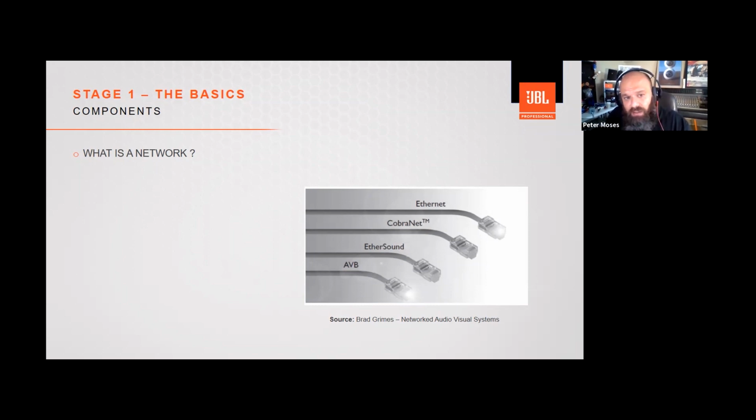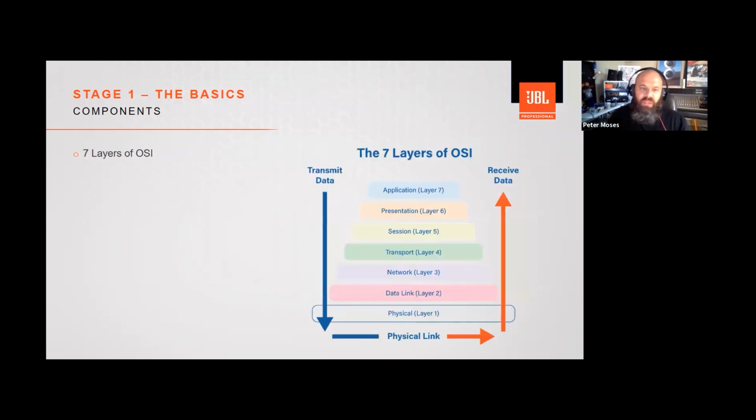Audinate's Dante suggests that you can go through just about any network switch or router. Other protocols such as AVB, CobraNet, and EtherSound are much more stringent and restrictive in the way they push and pull audio data. Doesn't make them better or worse, just different. We're going to investigate some of those differences in upcoming slides.